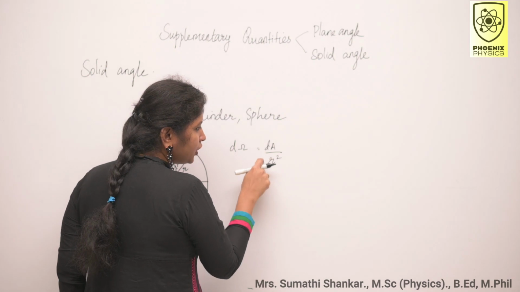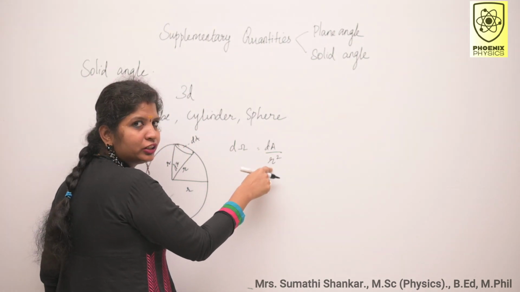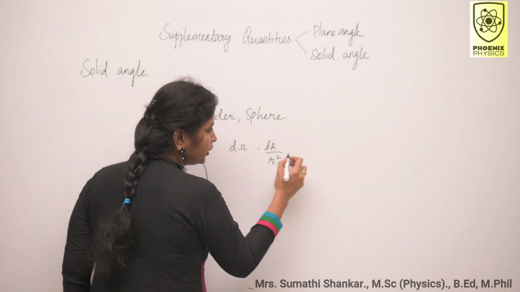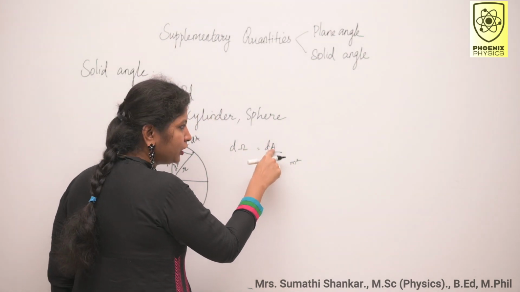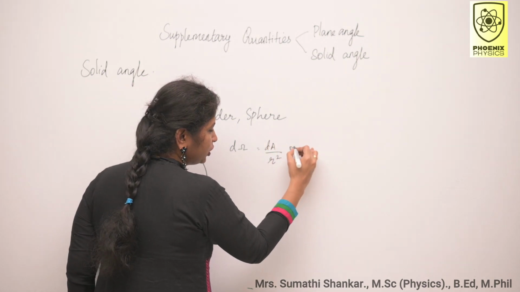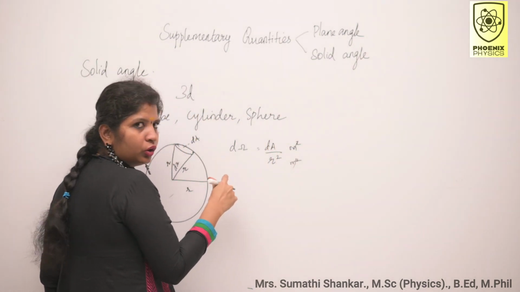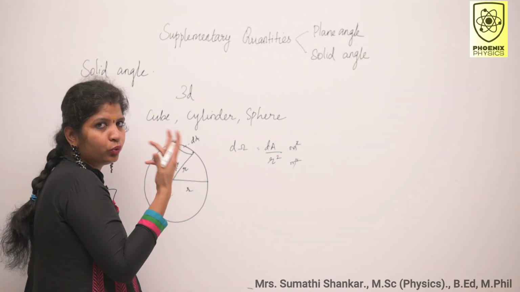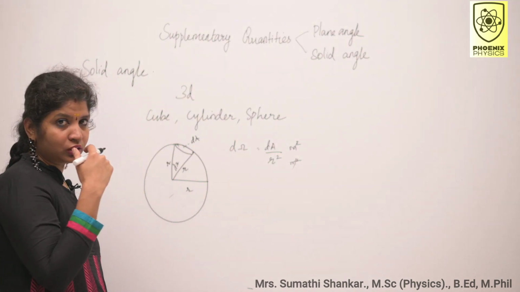Then what is the unit for this d omega? Here R is measured in terms of meter. So R squared means meter squared. Here area unit is meter squared. So cancel these two. D omega does not have a unit, or we can say dimensionless.